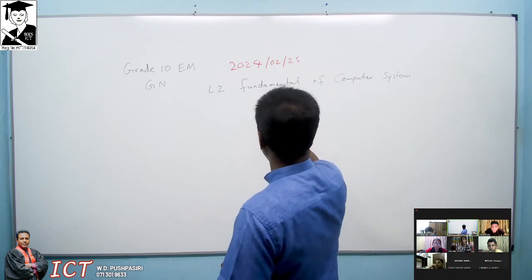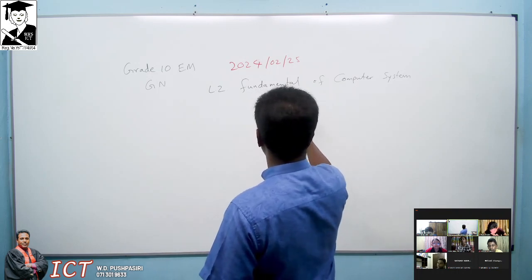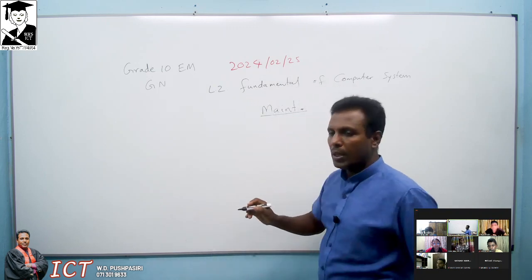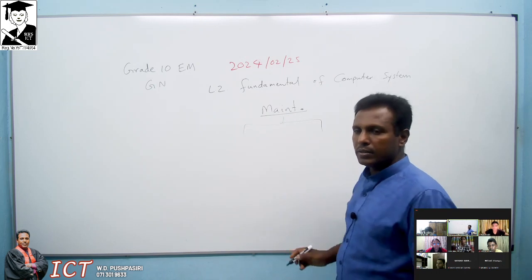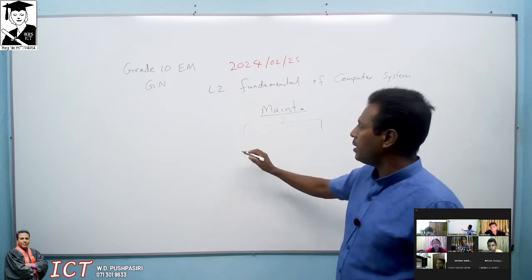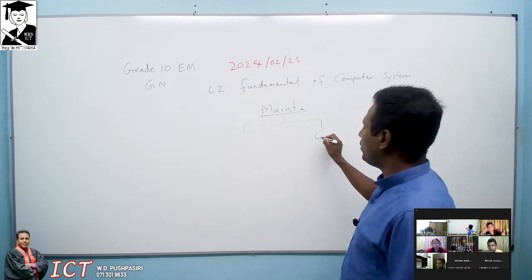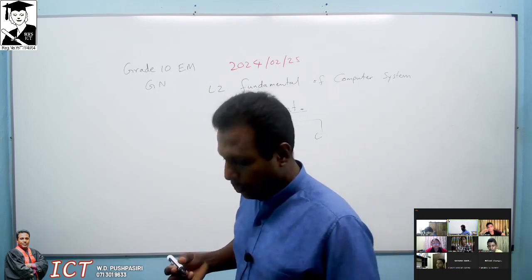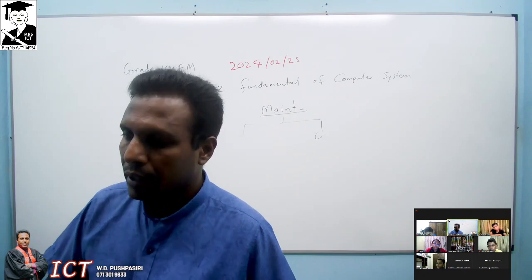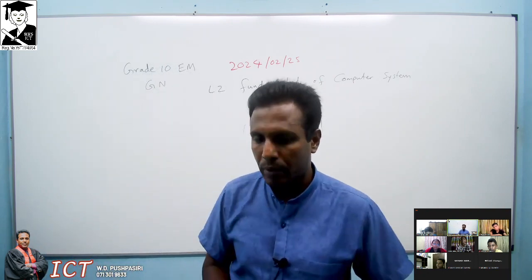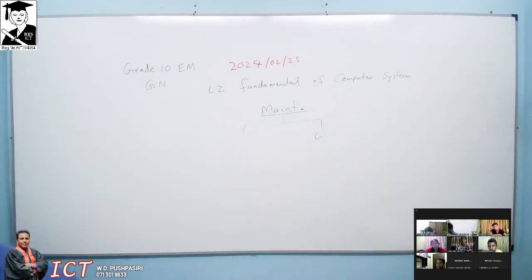For computer maintenance, there are two types of maintenance, and you have to control those two types. What are those two types? Preventive maintenance and corrective maintenance. Preventive maintenance means before anything can happen, we are going to stop it. But after anything happens, we are going to repair it. That is corrective maintenance.